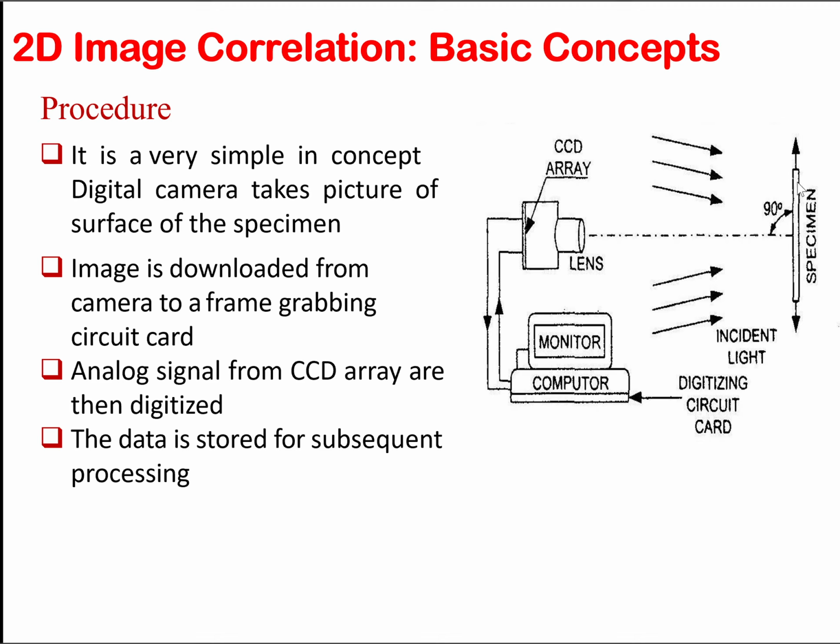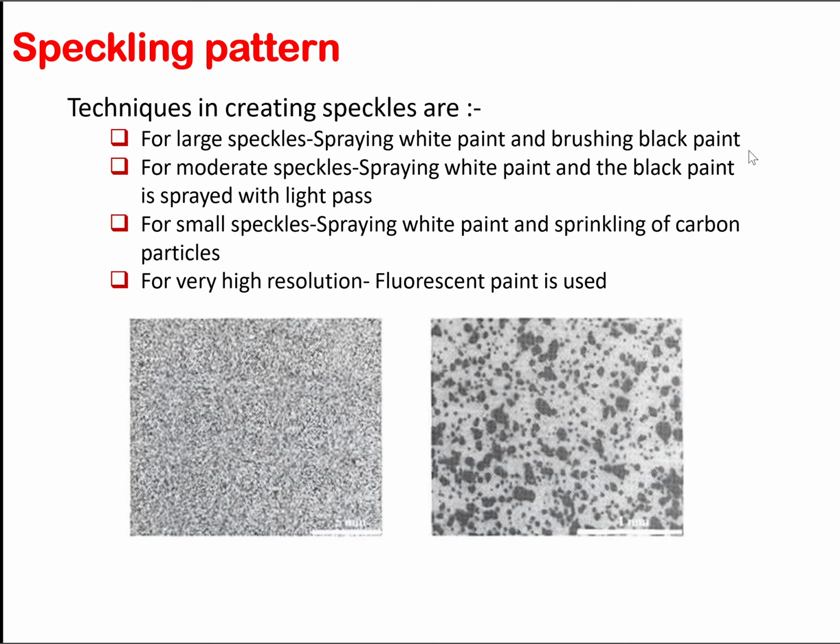So this means that we have to make sure that our specimen, our sample, is ready for the analysis. How can we make it ready? By creating a speckle pattern. What is a speckle pattern? Essentially just a white background with dots on it. We can have a large speckle pattern like this, or we can have a very fine or moderate speckle pattern like the picture on the left.